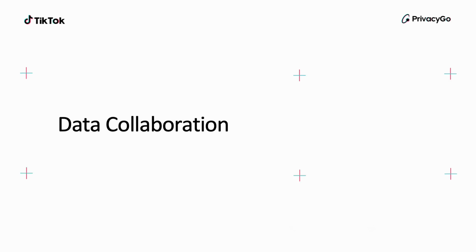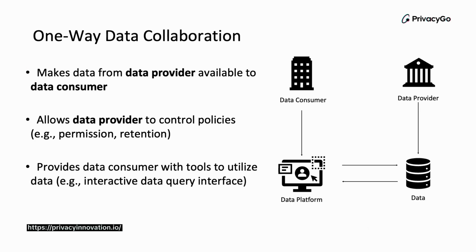Let's talk about data collaboration first. A data collaboration framework allows multiple parties to collaborate on data. For example, a data provider may make their data available to data consumers so that the data consumer can perform various data analysis.